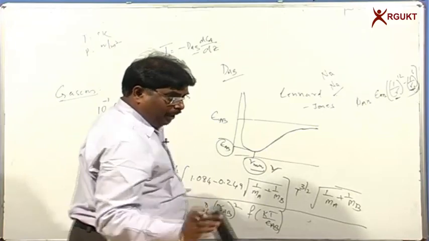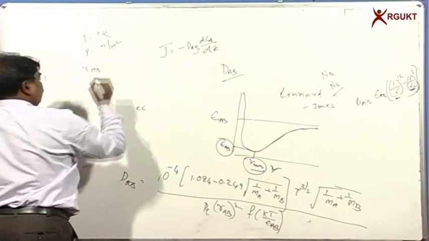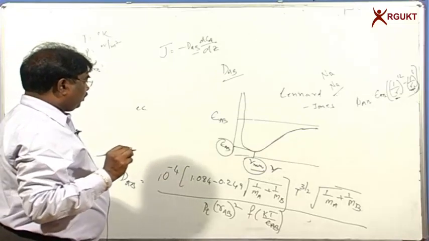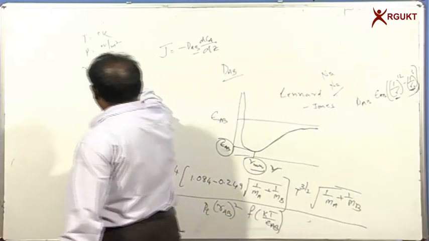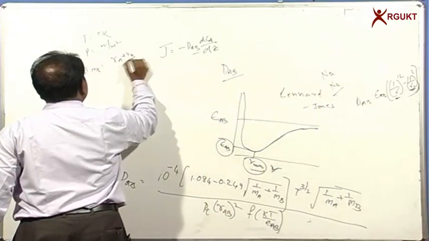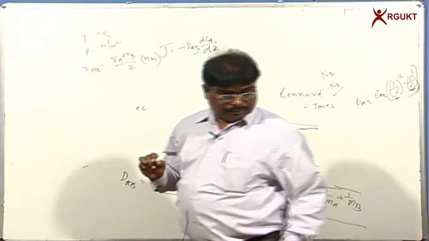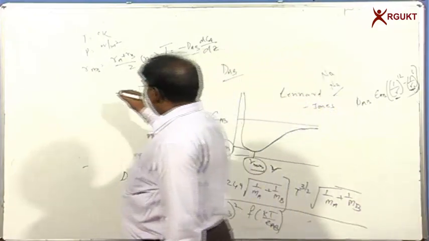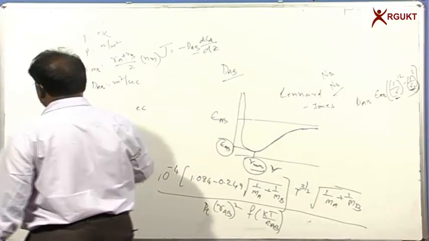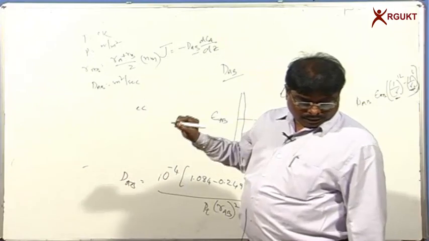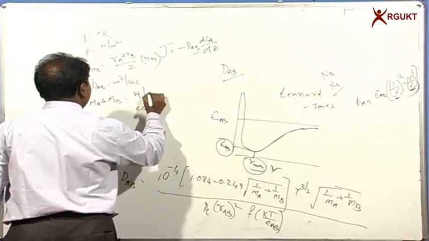Then we have RAB, the molecular distance between the molecules of A and B, that is given by RA plus RB by 2, which is in nanometers, and the diffusivity DAB is given in meter square per second. Then we have molecular weights MA and MB, that is in kgs per kg mole.